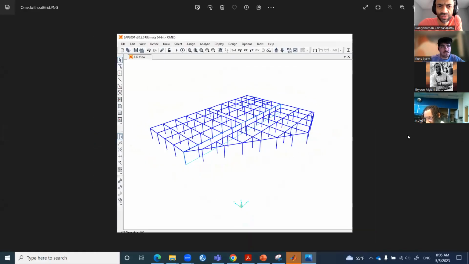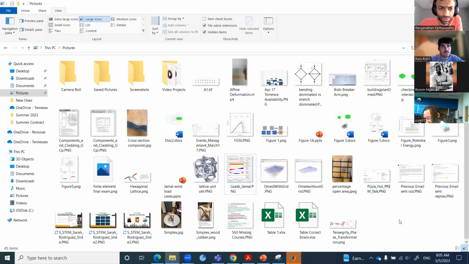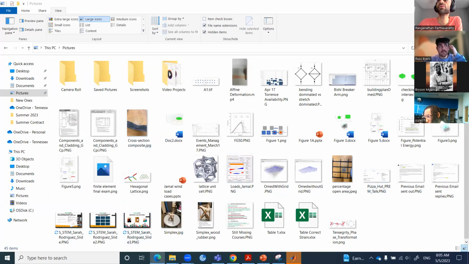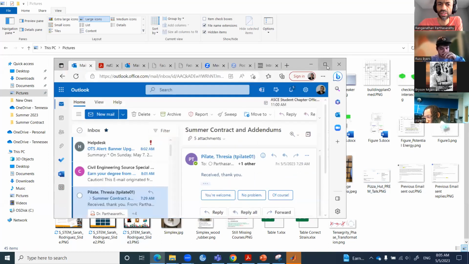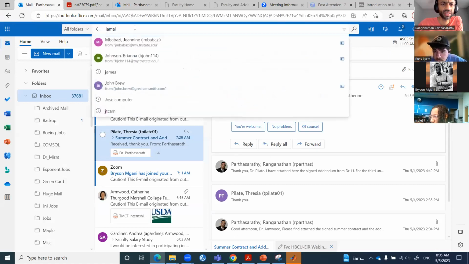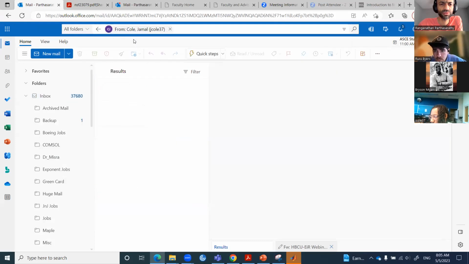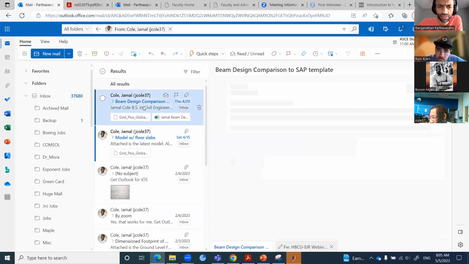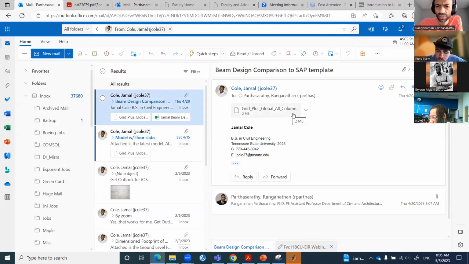Oh, this is not even yours. But Jamal, I can do quite easily because I have your SAP model. You emailed me your SAP model. You remember? Yeah, I can get it from there. I mean, just for a representation. I know you changed the forces, but yeah, you have grid plus global on column.